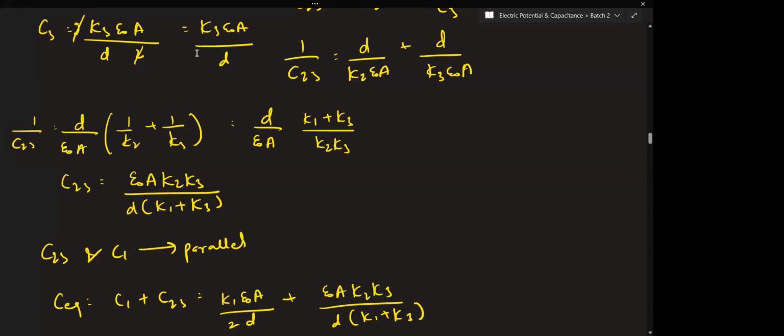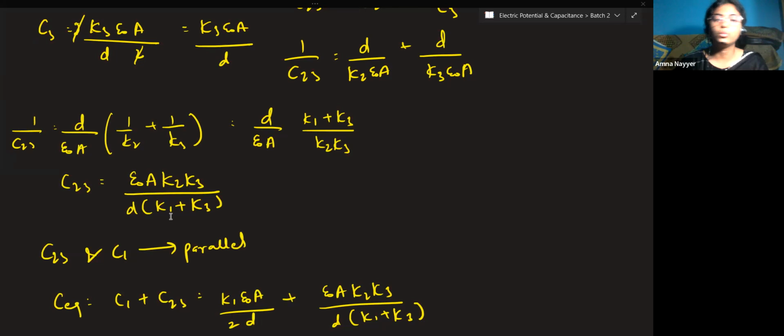Ma'am, it is K2 plus K3 in the denominator, right? Yes, this will be K2. K1 is there. Just make this correction. This is K2. So here it will also be K2 plus K3. Just write done when all of you have written.